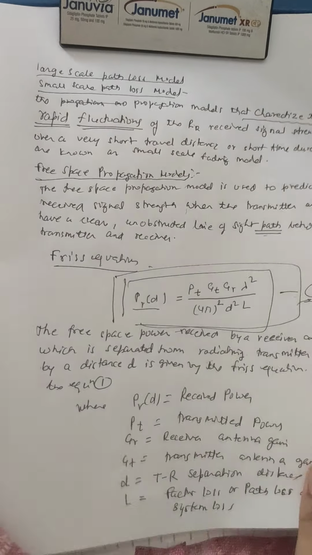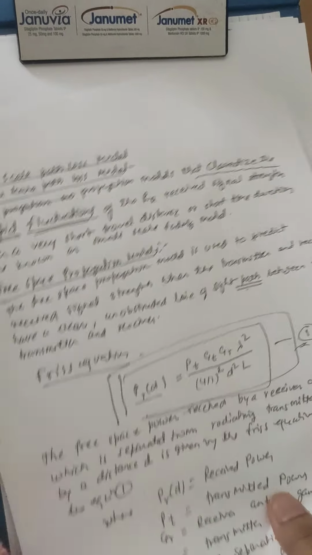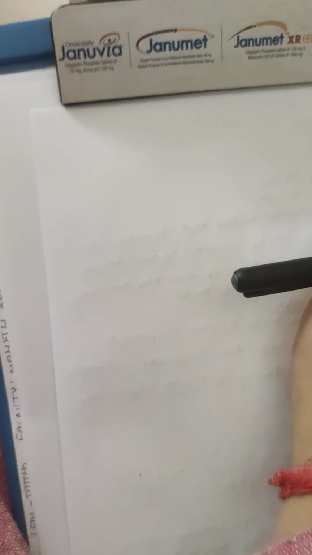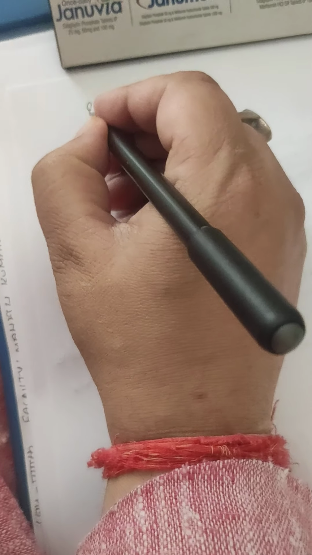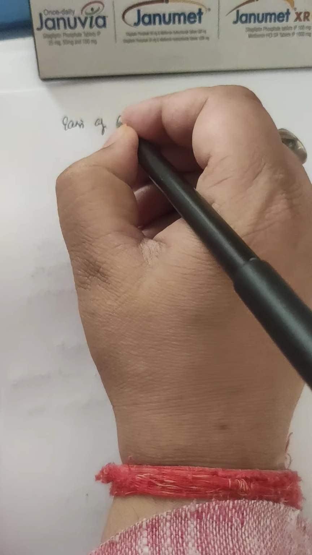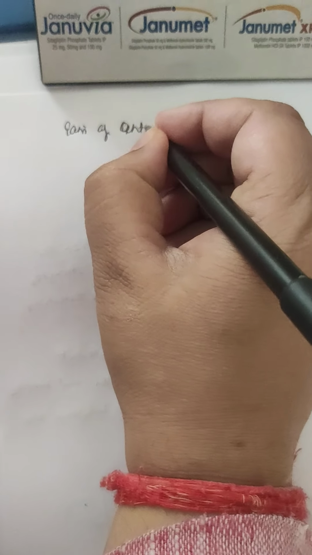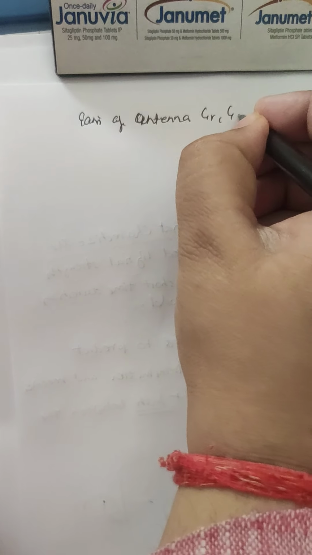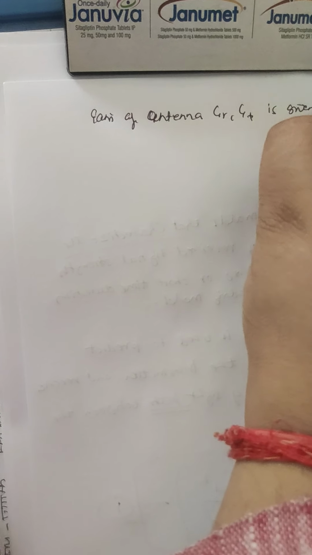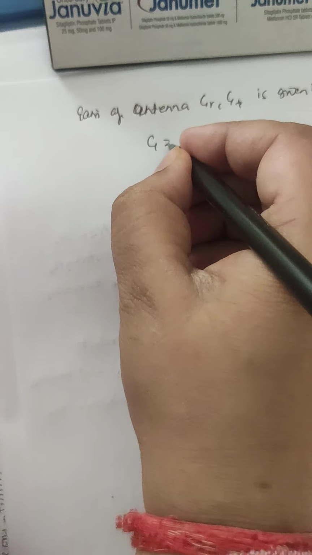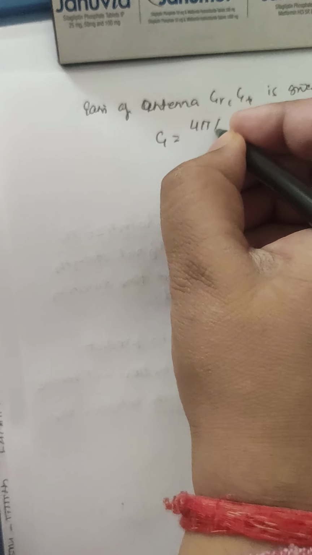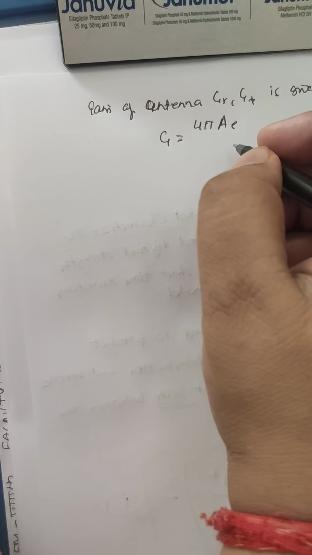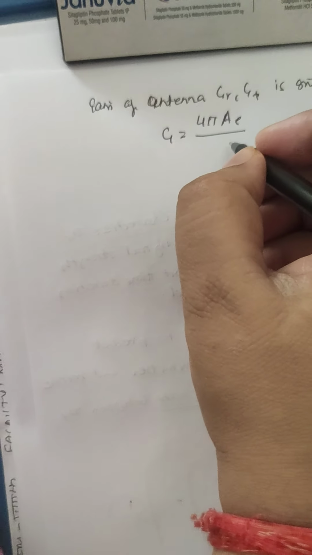And here the gain of the antenna, G_R and G_T, is given by the antenna aperture divided by the surface area.